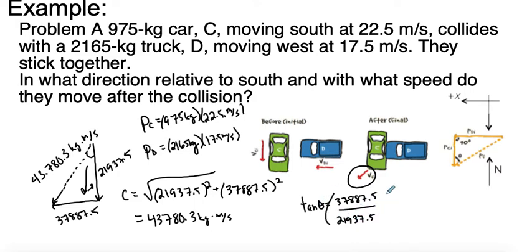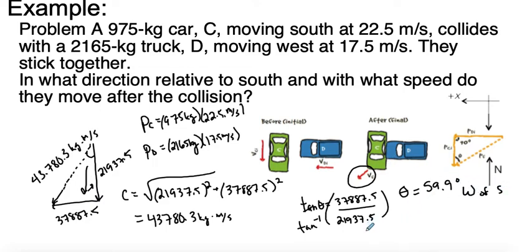And then we'll have to use inverse tangent to get rid of the tangent. And that gives us an angle of 59.9 degrees. And then since this is the angle right there, that angle is west of south. So we will say west of south.